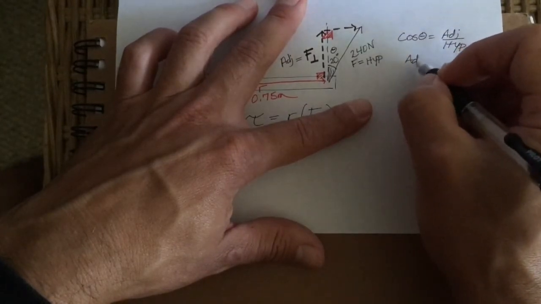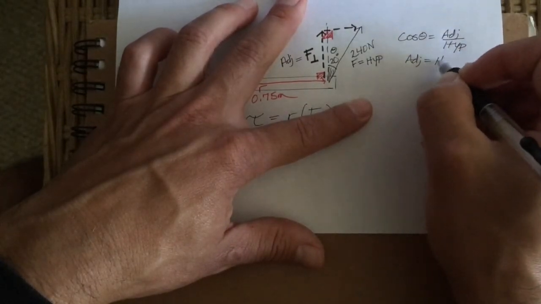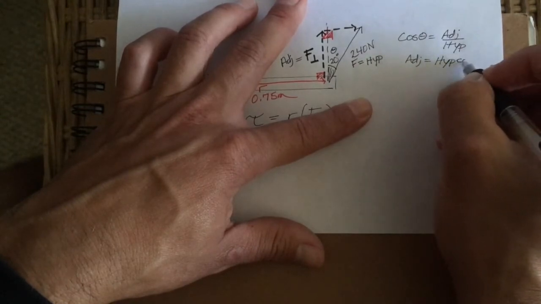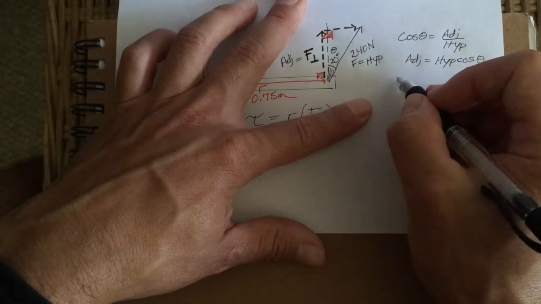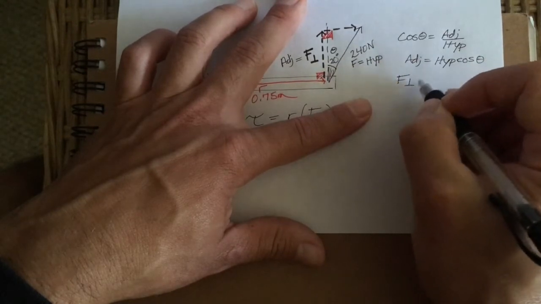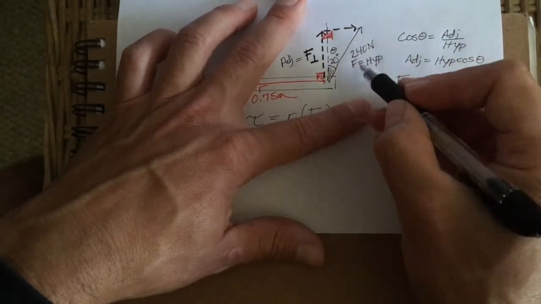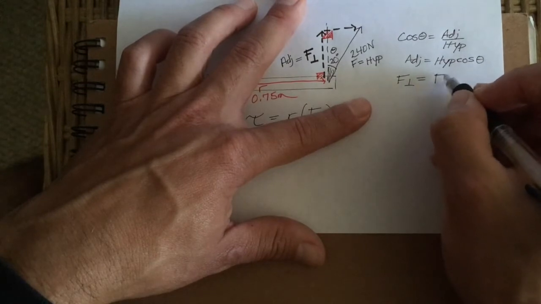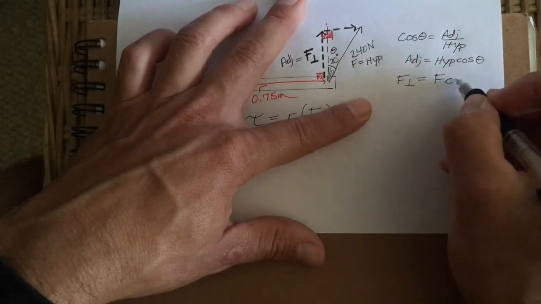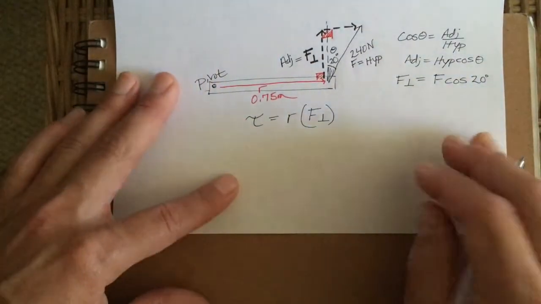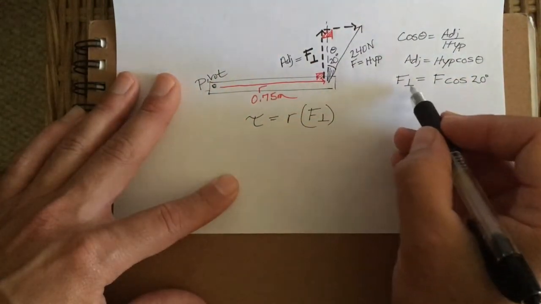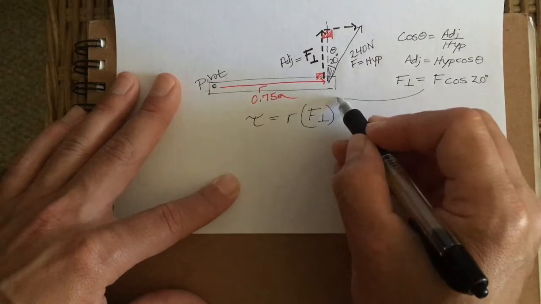Rearrange. And then go ahead and plug some values in. So f perp is equal to the hypotenuse, which is f times the cosine of 20 degrees. So I can go ahead and sub that into there.